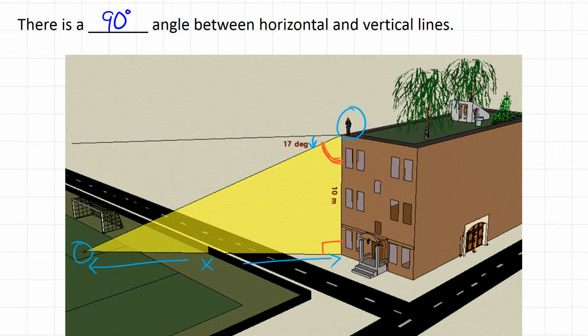So this angle in this triangle would be 90 degrees minus 17 degrees, or 73 degrees. That's just one way to start from an angle of declination and then turn it into an angle that maybe makes more sense physically so that you can make a calculation like a length or a distance.